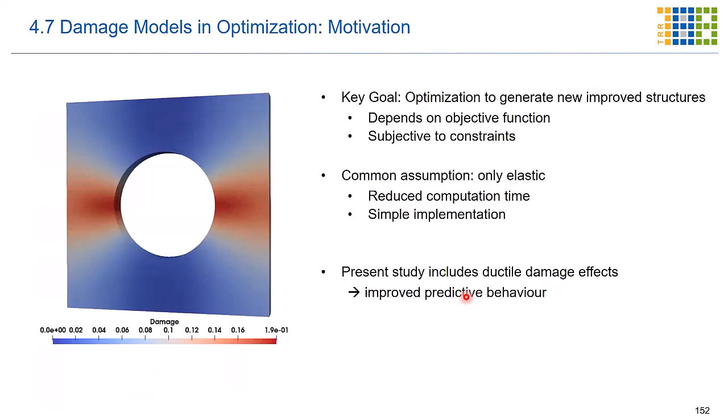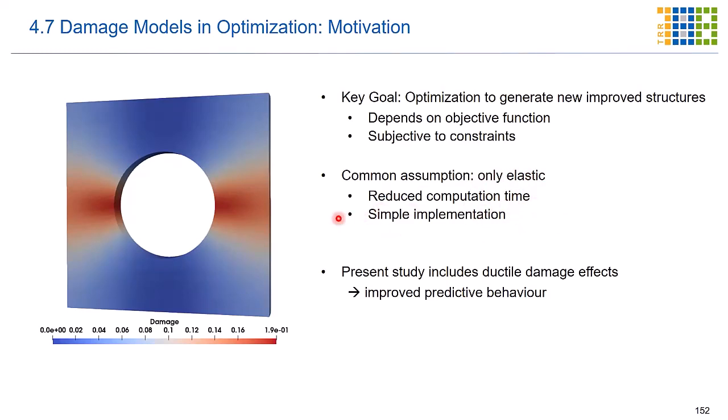And it's important to know that, for example, if you want to do optimization, optimization can be understood in different ways. Here we want to improve a structure, for instance. It depends on an objective function that's subject to some constraints. And you find many design studies that assume that you have only elastic behavior that reduces your computation time.